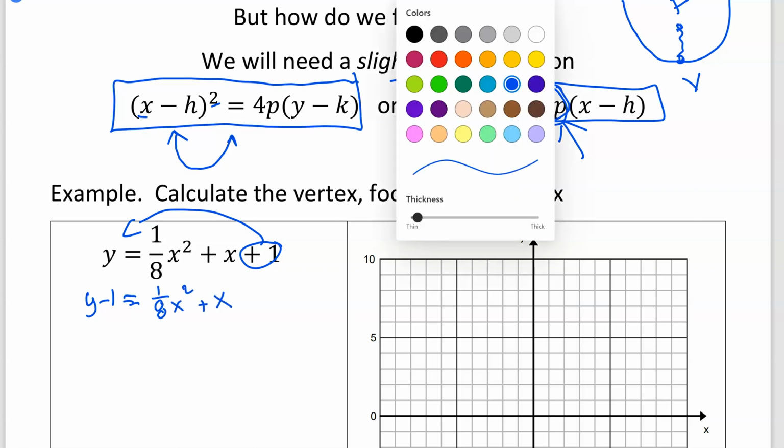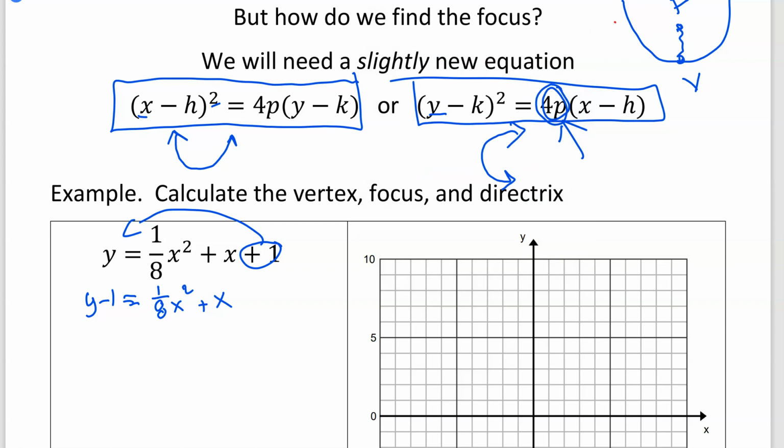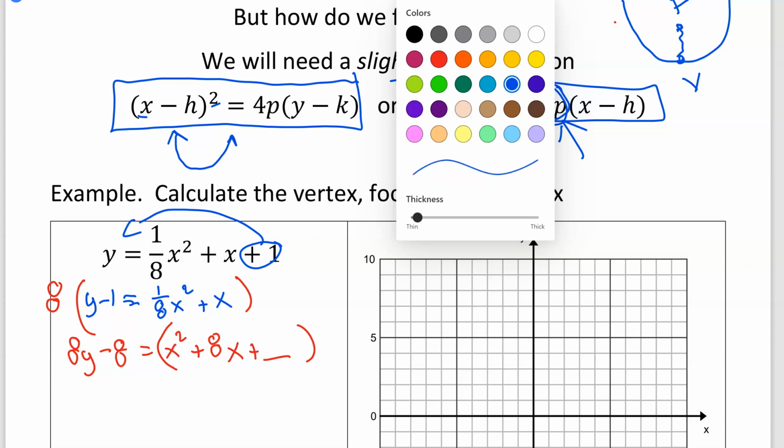And then we're really not a big fan of that fraction. So what if I were to multiply everything by 8? That would get rid of the fraction, wouldn't it? And then that would also allow me to complete the square.